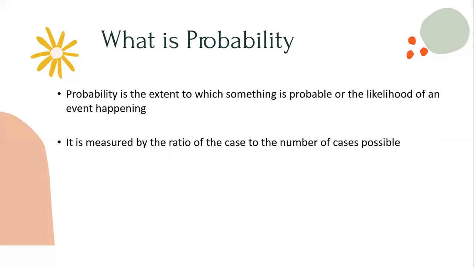So if they say something like there is an 80% chance of rain, that means effectively that if you are counting, if there are 100 possible cases of what the weather is going to be, 80 of those cases will predict that it will be raining.